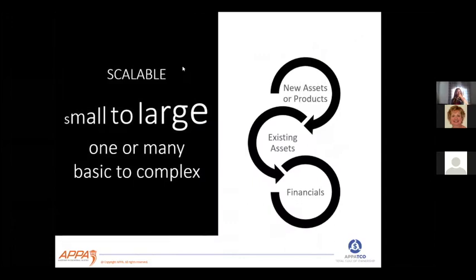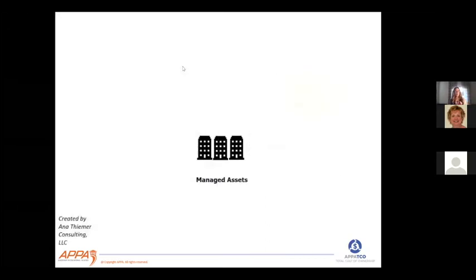So total cost of ownership, as we talked about, it can be scalable. It can be small to large, one or many, basic or complex. And the other three areas, new assets, existing, or financials, that's what we're going to go into right now. So if we look at new assets and what's needed to implement total cost of ownership in the realm of a new asset, a new building, or new product, what's needed?